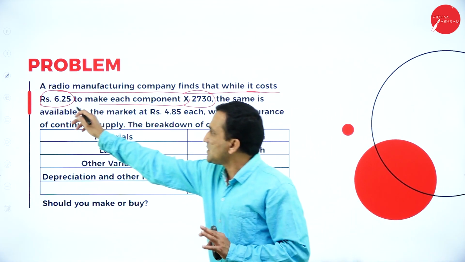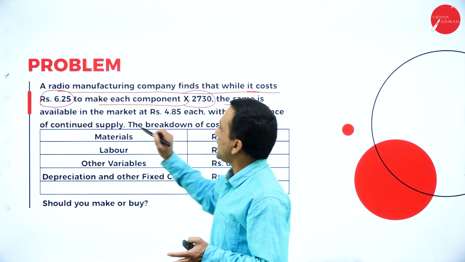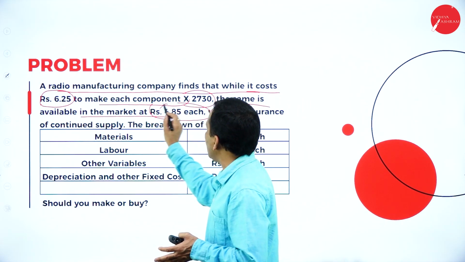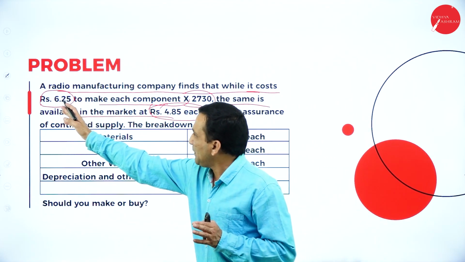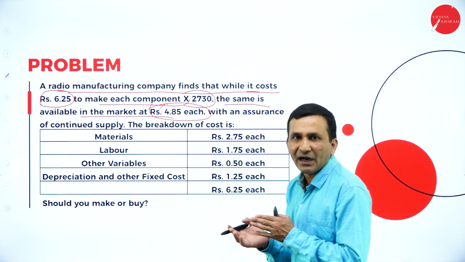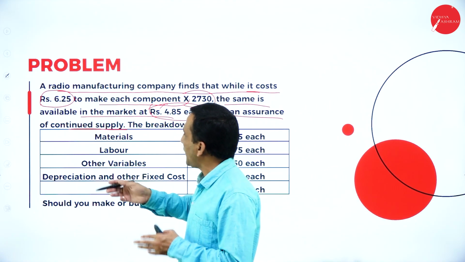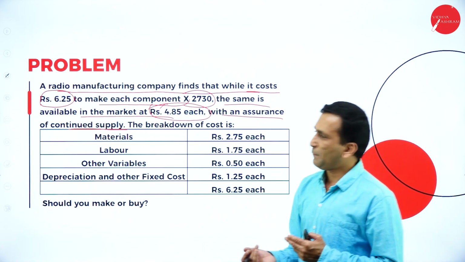The same product is available in the market at rupees 4.85. Very simple logic here: if you subtract the market price from the cost of production, the difference is the profit. The supplier is giving an assurance of continuous supply.